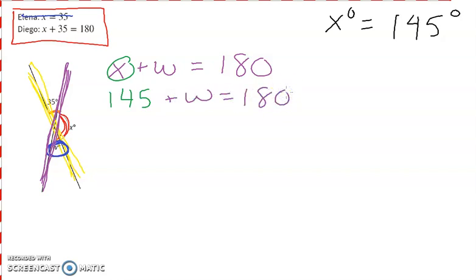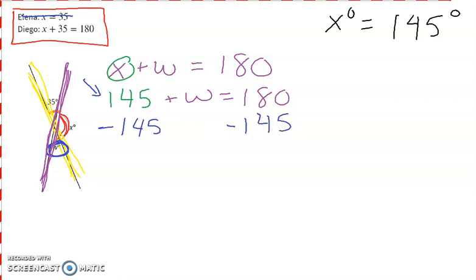So this is, again, a one-step equation. So in order to isolate the w, I need to get rid of this 145. Since there's no sign out front, I can assume it's a positive 145. In order to get rid of a positive 145, I have to introduce a negative 145, or I have to subtract 145 from each side of my equation.